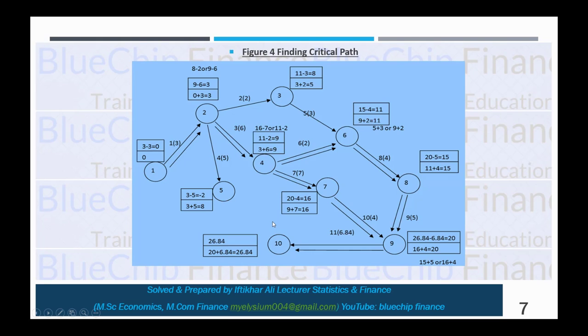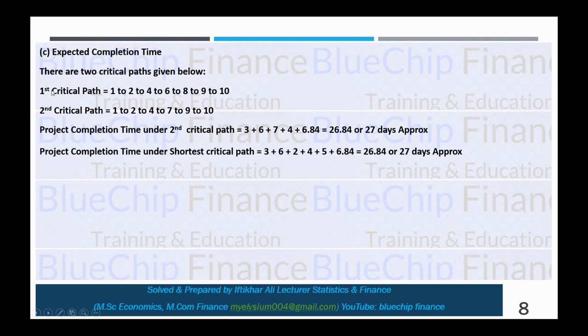So here I noted down the first critical path, 1 to 2, 2 to 4, 4 to 6, 6 to 8, 8 to 9, 9 to 10, and 1 to 2, 2 to 4, 4 to 7, 7 to 9 and 10. Their average times are given here.